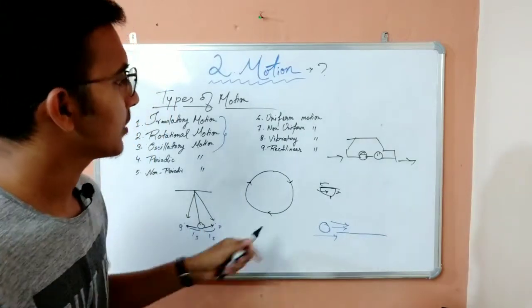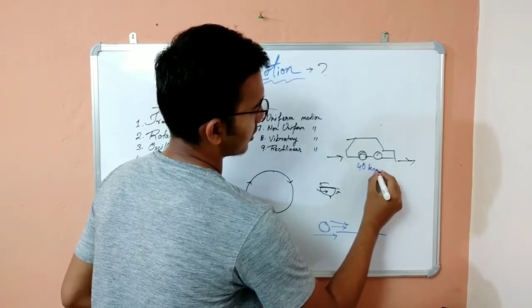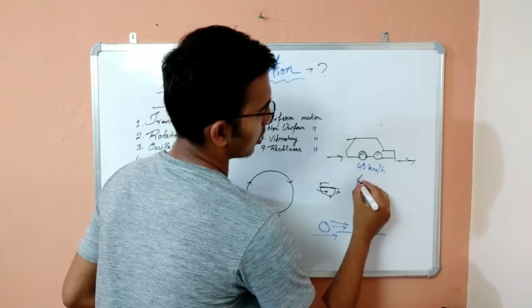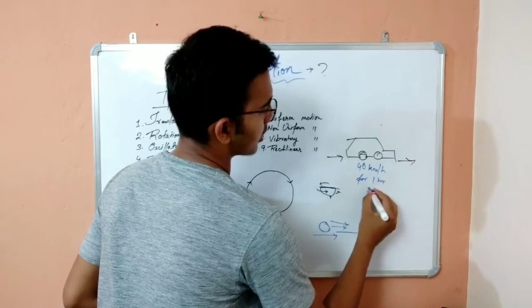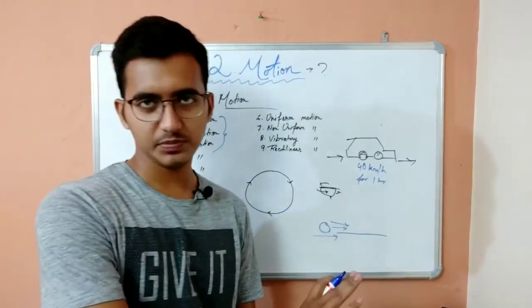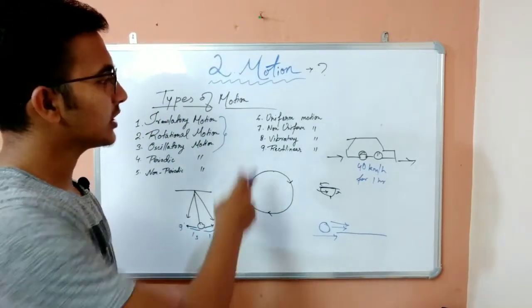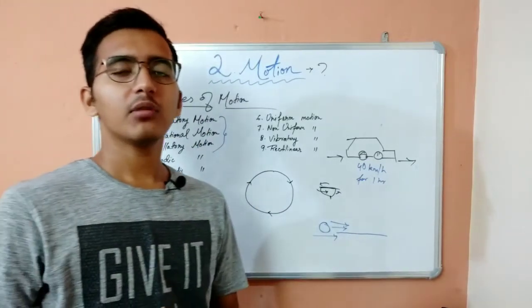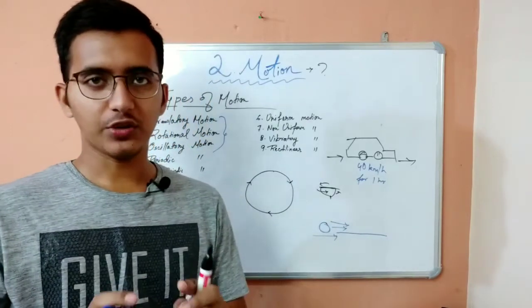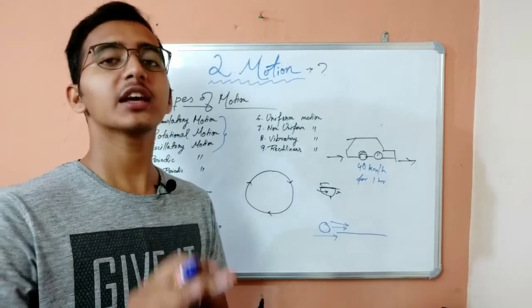Suppose you are moving in a car at 40 km per hour for 1 hour. That is your speed, and you maintain that speed. You do not decrease or increase that speed. That is called uniform motion. Uniform motion is the type of motion in which you maintain your speed without increasing or decreasing it with respect to time.